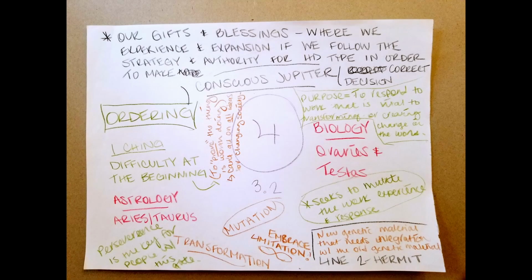Next, we have the conscious Jupiter, which looks like the number 4, and it represents our gifts and blessings, where we experience expansion if we follow the strategy and authority for the Human Design type in order to make correct decisions.